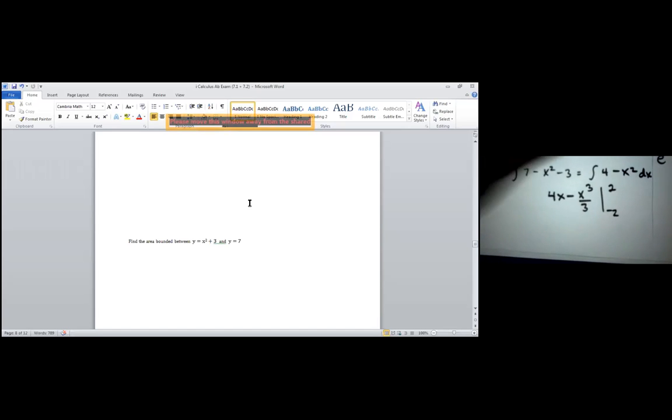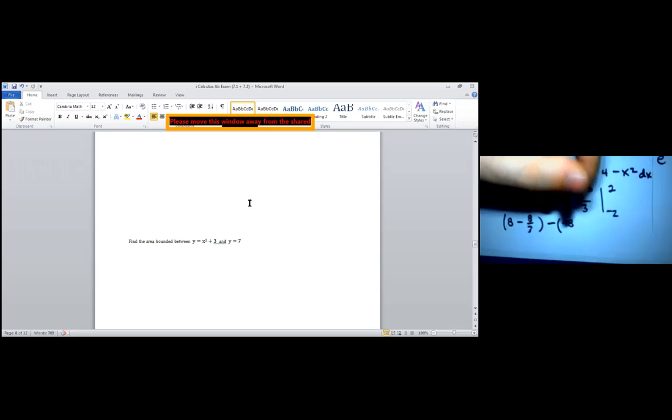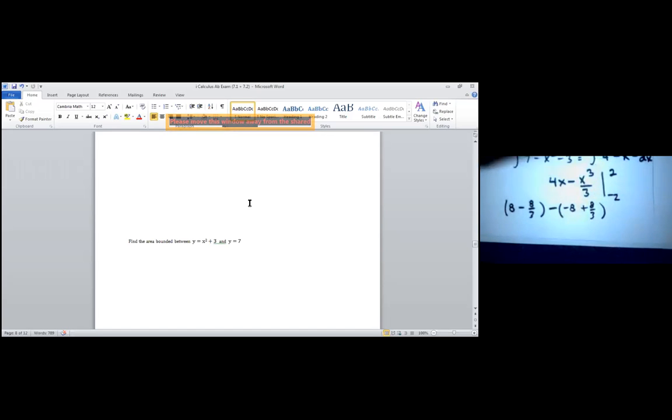And then you got some plugging in to do. It's going to be plug in the top. So that's 8 minus 8/3 minus plug in the bottom, -8. This is going to make a minus over here. So minus minus is going to make that a plus. And if this was multiple choice, which likely it would be, that means we got to keep going.